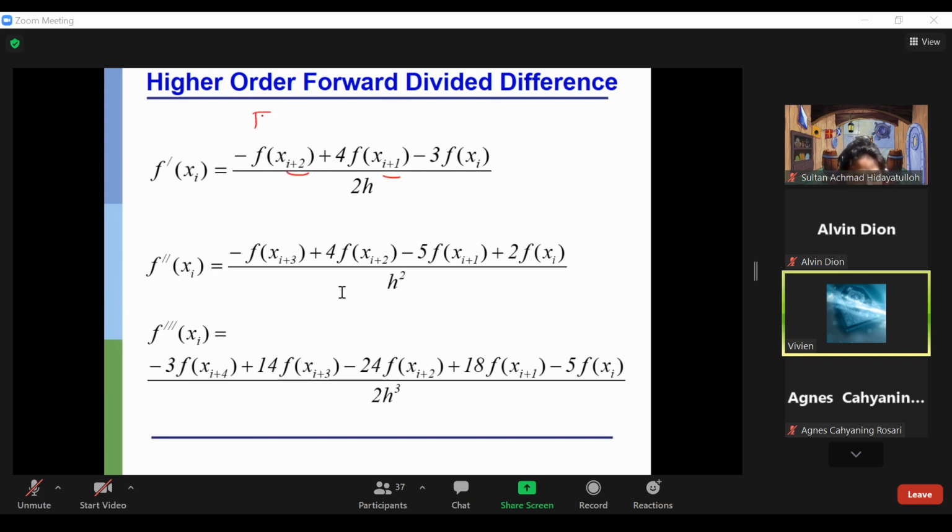So this is the forward scheme, higher order, which is second order, a second order forward scheme to find the first derivative, the second derivative, and the third.